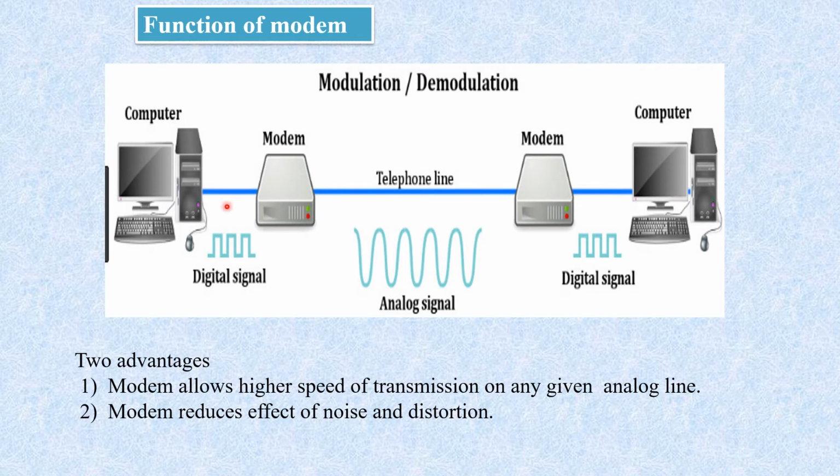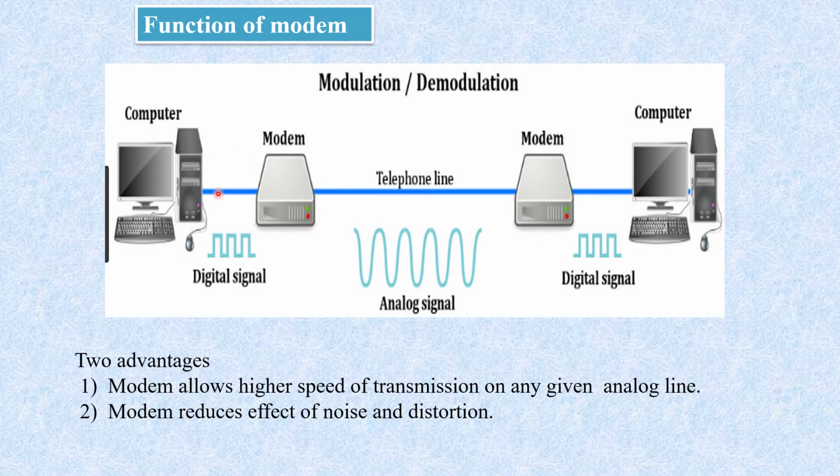The modem at the transmitting end converts the digital signal generated by the computer into analog signal by modulating a carrier. The modem at the receiver end demodulates the carrier and hands over the demodulated digital signal to the computer or DTE.